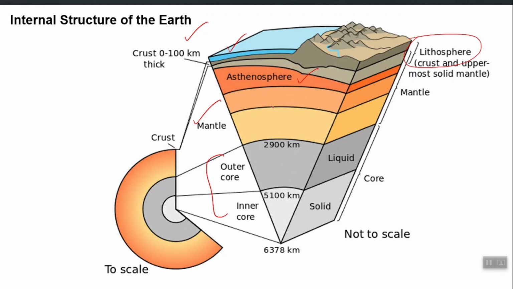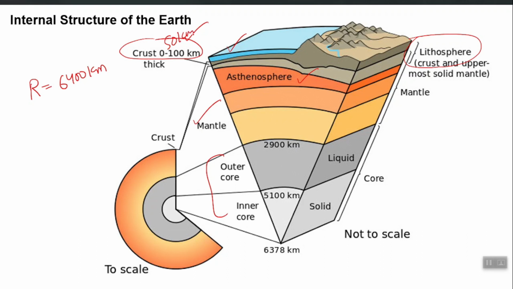The mantle is mostly molten rocks, right. So it is a big ocean of molten rocks. Just to give you an idea about the scale, because this figure is not to scale. The radius of Earth is 6400 kilometers, right, and crust is from 0 to 100 kilometers, mostly like 50 kilometers average, you can say, right.